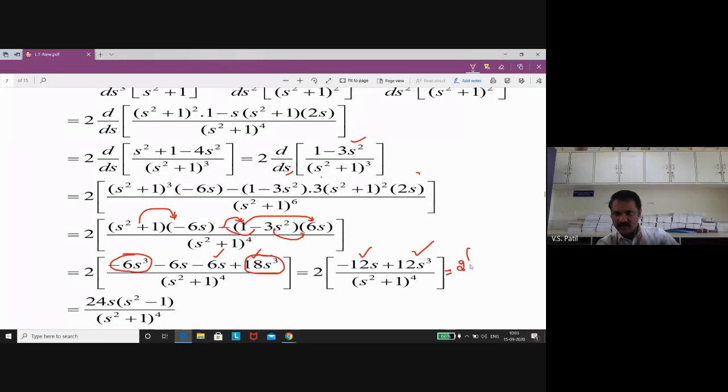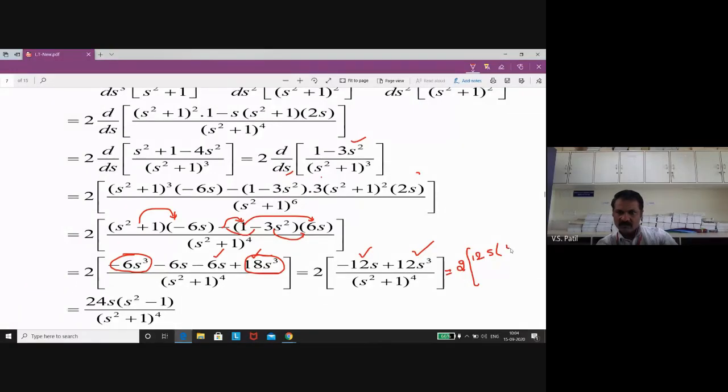Now what will I do? The 2 is as it is there. I have written the direct answer, but I will tell you. Now from these two terms in the numerator, I will take 12s common. If you take 12s common, the first positive term I will write there. Then what is remaining here?